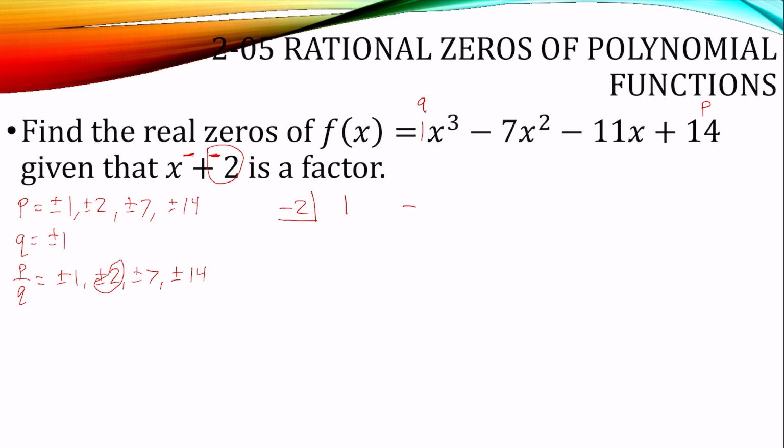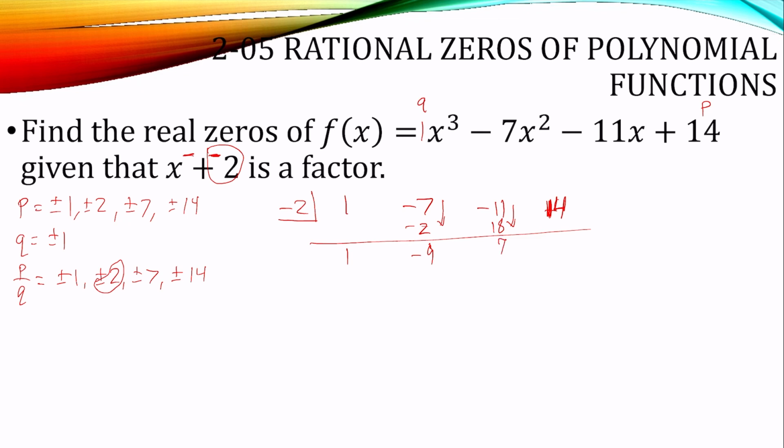Coefficients is 1 x cubed, negative 7x squared, negative 11x, plus 14. Bring down the 1, multiply, negative 2 times 1, and add. And we multiply negative 2 times negative 9, and then we add.